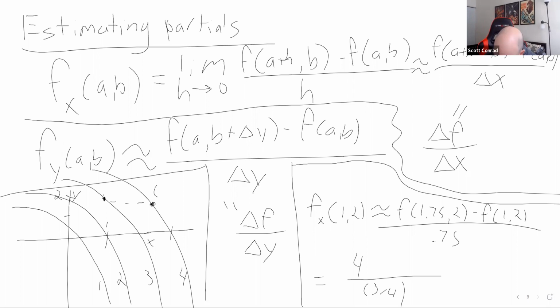So it's 4 where we ended up minus where we started. We started on the level curve 3. So that's 4 minus 3 over 0.75, which is 1 over 3/4, or 4/3. That's the approximate rate of change of f with respect to x at the point (1, 2).